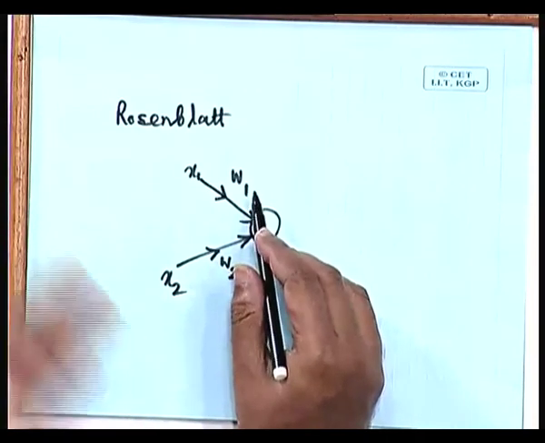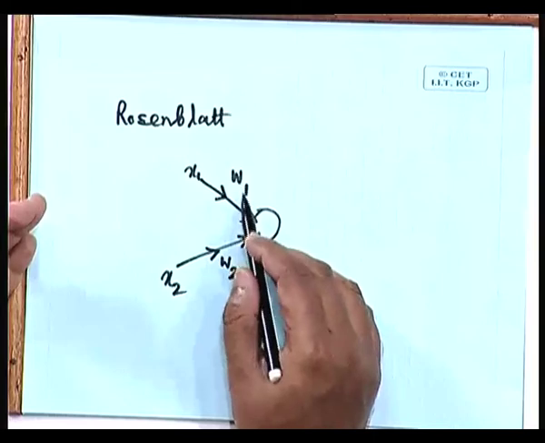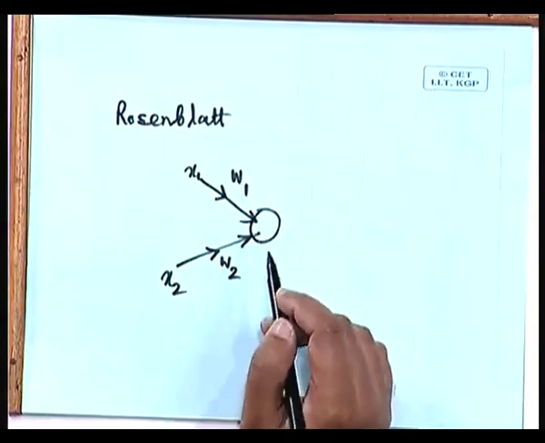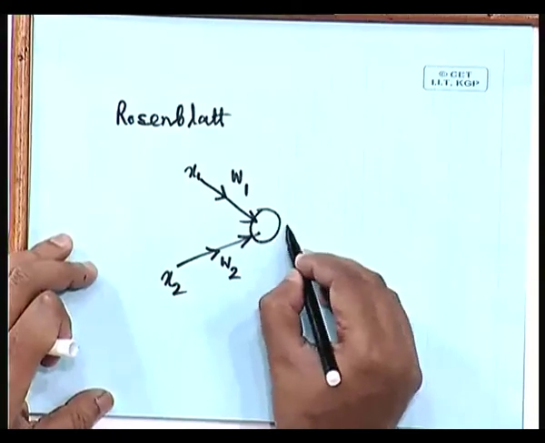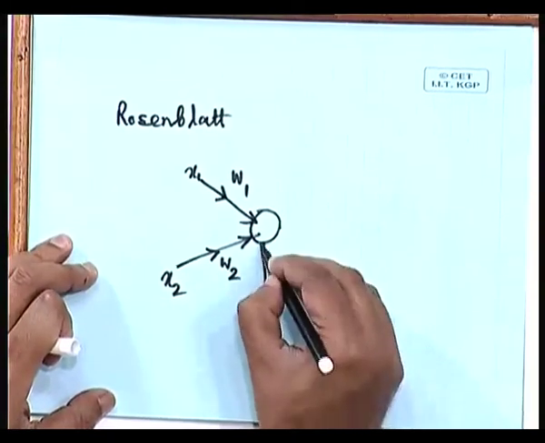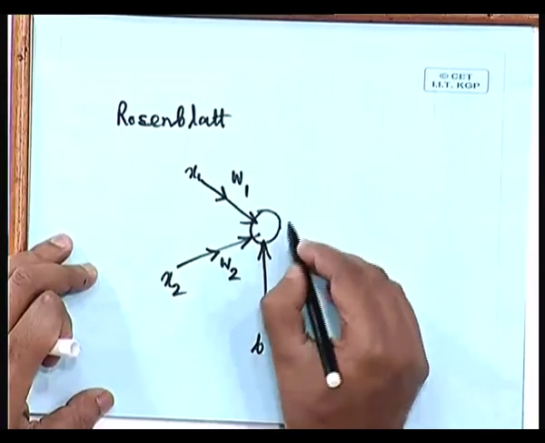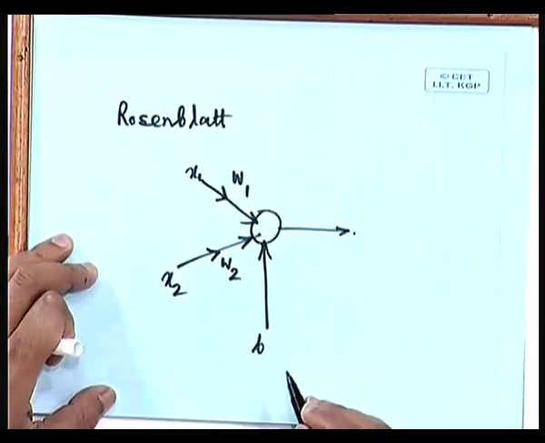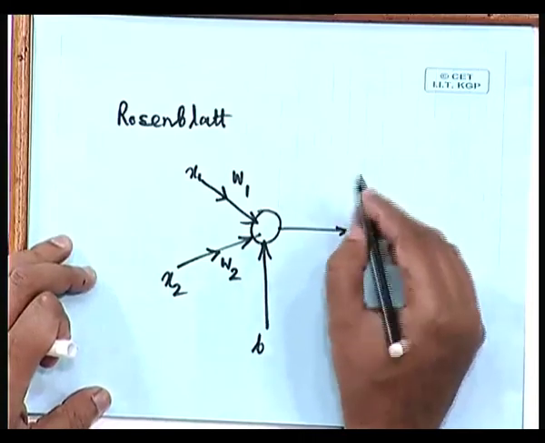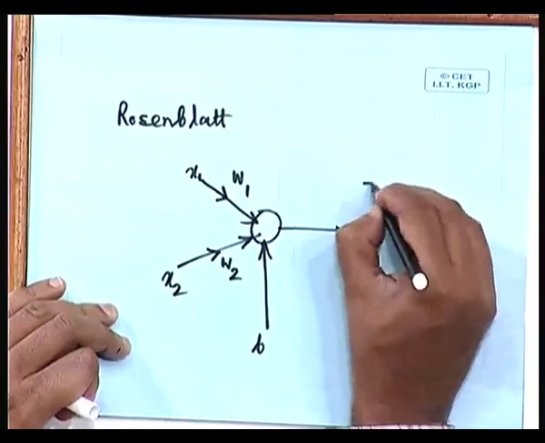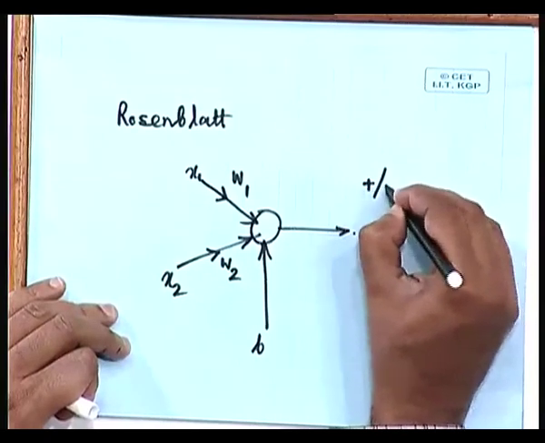That is why I am not putting any other suffix, saying it as W11 and W12, there is only one neuron, and naturally there will be some bias B, and there will be an output, and let us say that it is giving us an activation of +1 and -1.